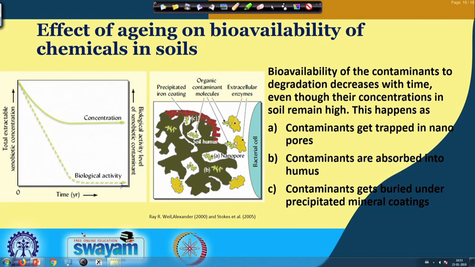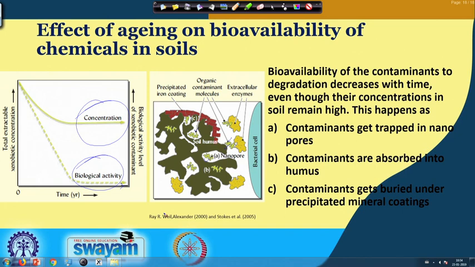So, you can see here, as time goes on, after a certain period of time, although the concentration of the contaminants is high, the biological activity is low. So, the bioavailability of these contaminants basically decreases with time. There are a couple of reasons. These are basically organic contaminant molecules, and these organic contaminant molecules are either absorbed in the soil humus, you can see here, or they can be trapped into these nanopores, or the contaminants get buried under precipitated mineral coatings.